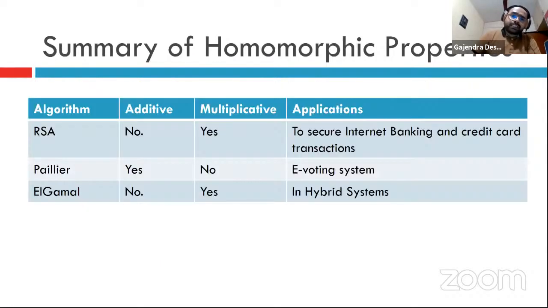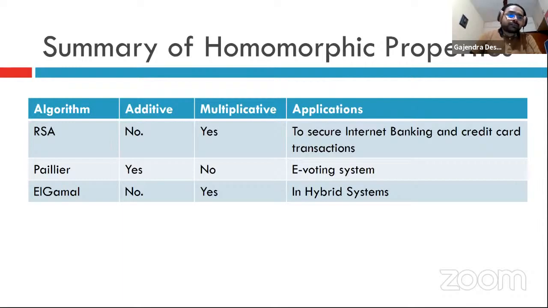Now when we say homomorphic properties, there are RSA, Paillier, ElGamal, elliptic curve cryptography and so on. There are many cryptographic algorithms. Some cryptographic algorithms have additive property and some have multiplicative property.